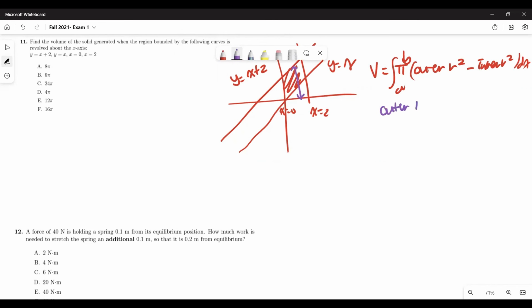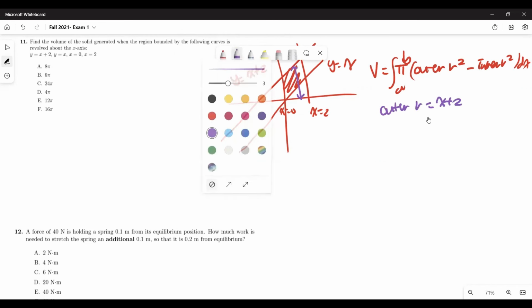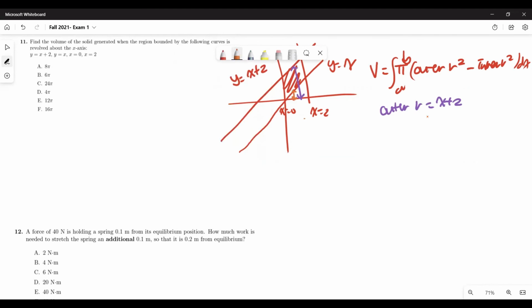Outer radius would be x plus 2, and our inner radius would be this line. Inner radius would be x. So if you write the equation, the volume would be from 0 to 2, because it's rotating from 0 to 2: pi times the integral from 0 to 2 of (x plus 2) squared minus x squared dx.